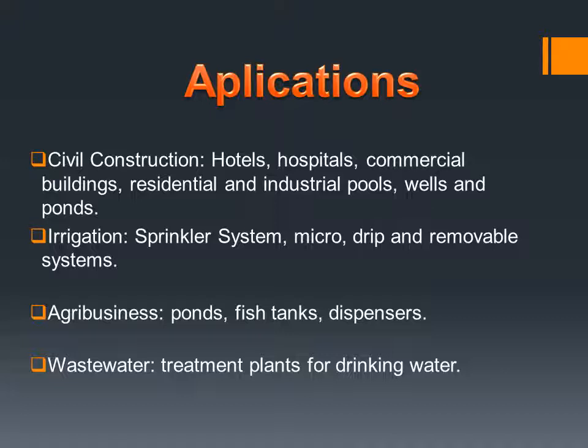Application: civil construction, hotels, hospitals, commercial buildings, residential and industrial pools, wells and ponds. Irrigation: sprinkler systems, micro, deep and removable systems. Agribusiness: ponds, fish tanks, dispensers, and wastewater treatment plants for drinking water.